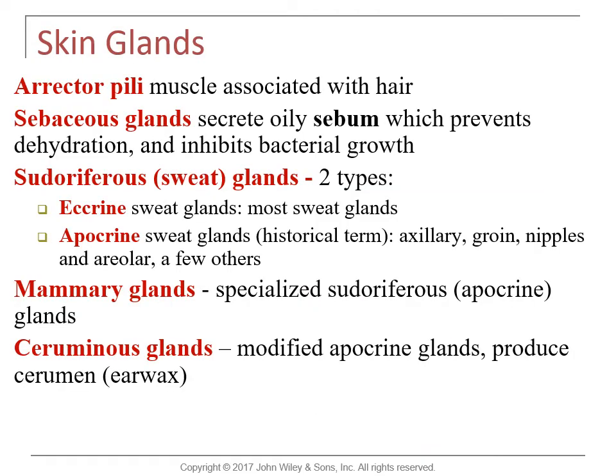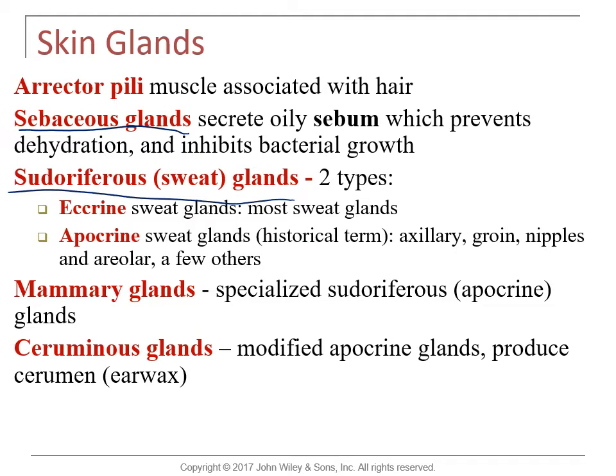Now we're going to talk about the skin glands. In the previous chapter, we talked about how glands are epithelial cells that secrete a substance. Several kinds of exocrine glands are associated with the skin. We have the sebaceous glands, which are oil glands, which produce oil. We have the sudoriferous sweat glands.